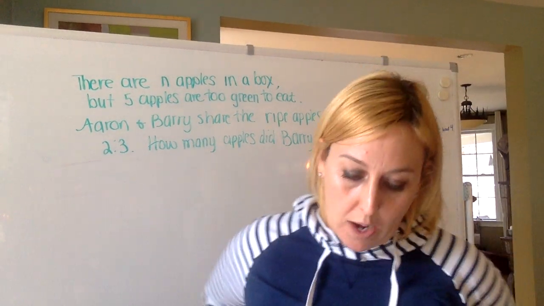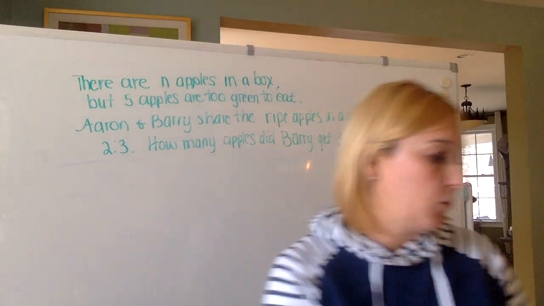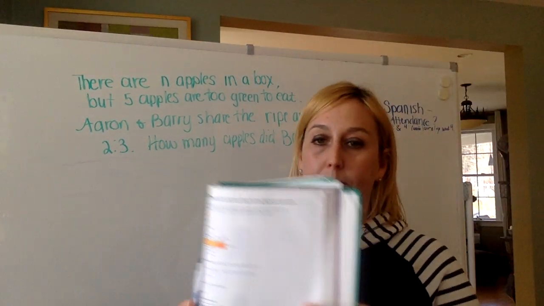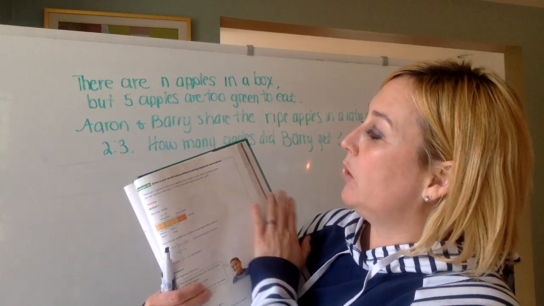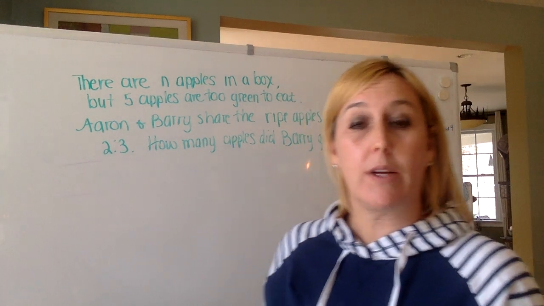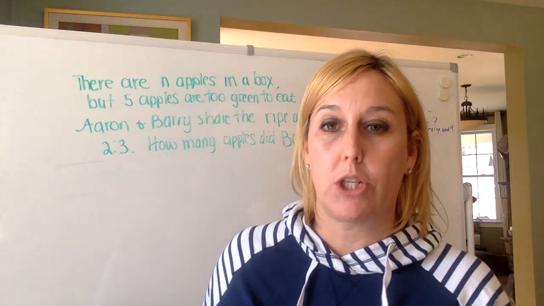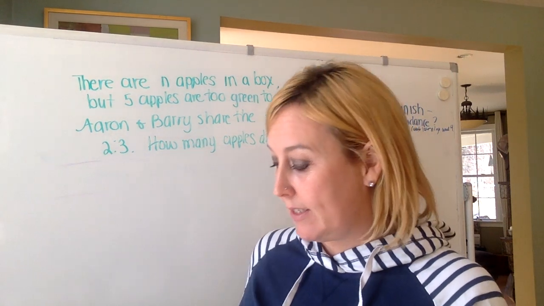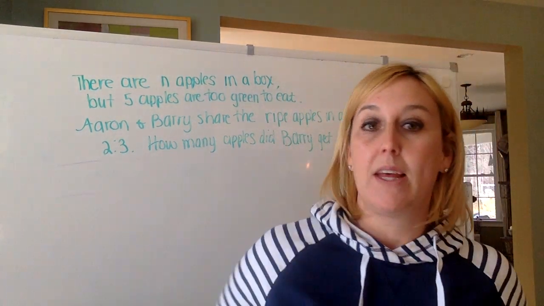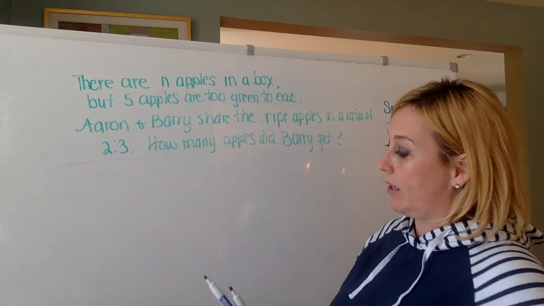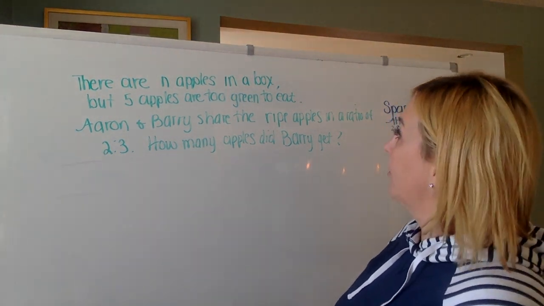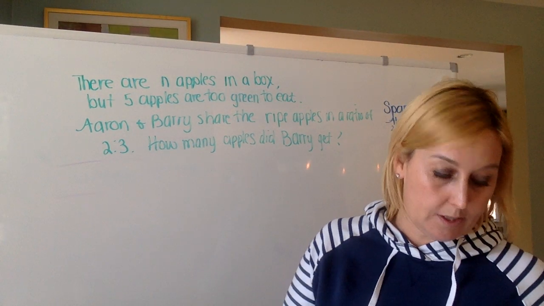Hey everybody, so I am now at the top of page 179. Solve a real-world ratio problem involving algebraic expressions. And you are already ahead of the game because we've been doing those ratio problems that were the exceeds in the last lesson. So there are n apples in a box, but 5 apples are too green to eat.